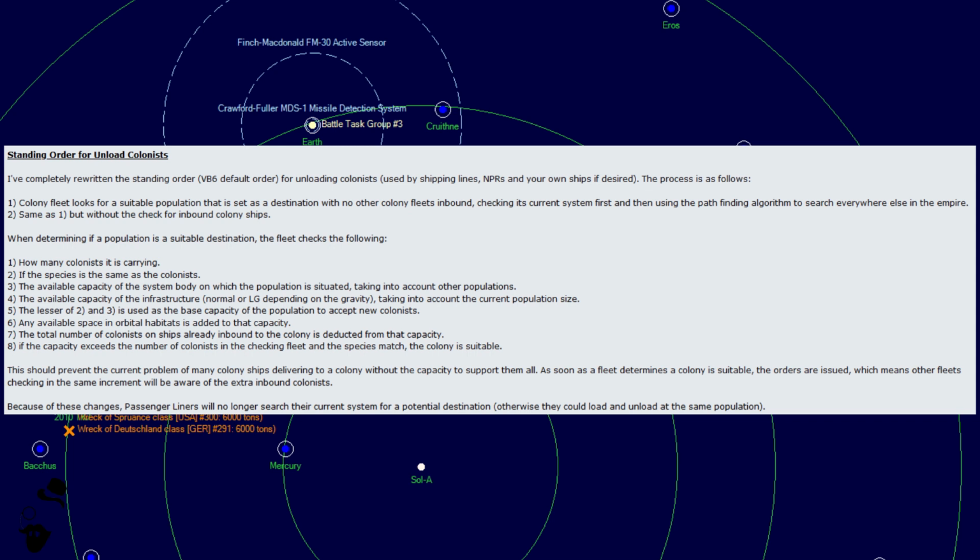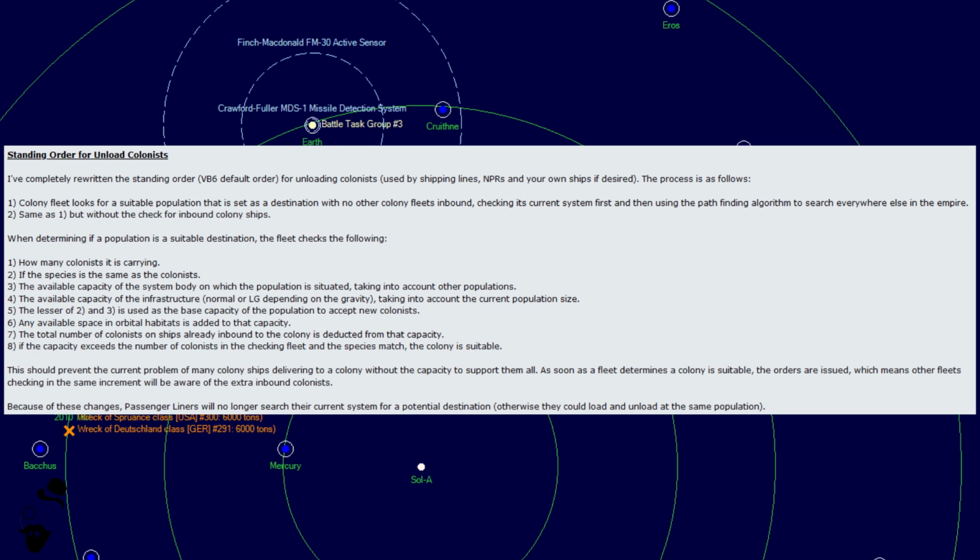I don't know why this particular situation, shouldn't there just be an added check: is the colony the last place where you loaded the colonists? I feel like a much simpler solution to avoid loading and unloading at the same population would just be to note down where the colonists were loaded from and then just exclude that location from the destination.